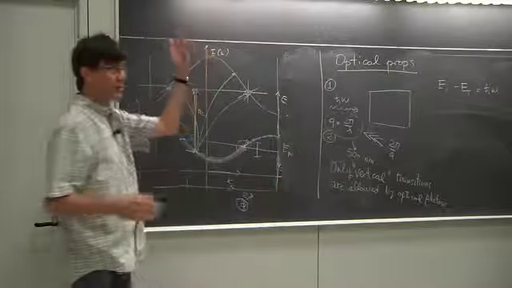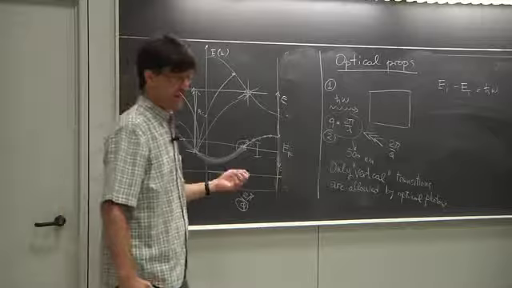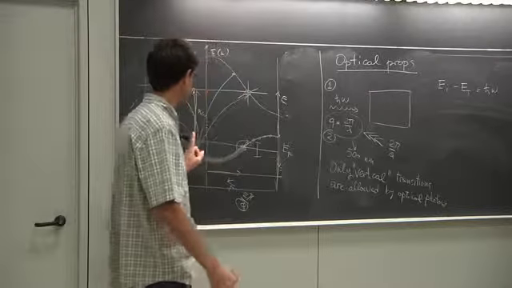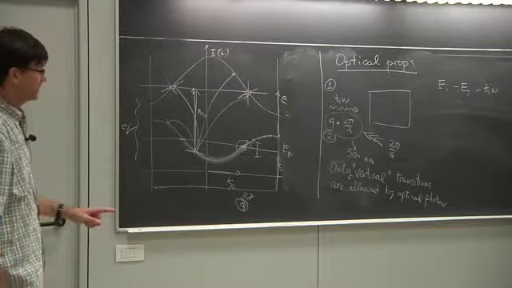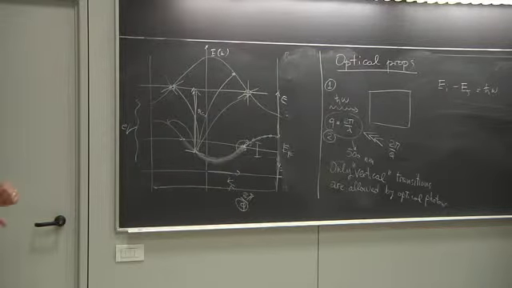Okay, so if you have light, ordinary light shining on a material, you can excite electrons. It will excite electrons in your material, but it will only excite electrons vertically. It will not be able to excite electrons at different places in the Brillouin zone.